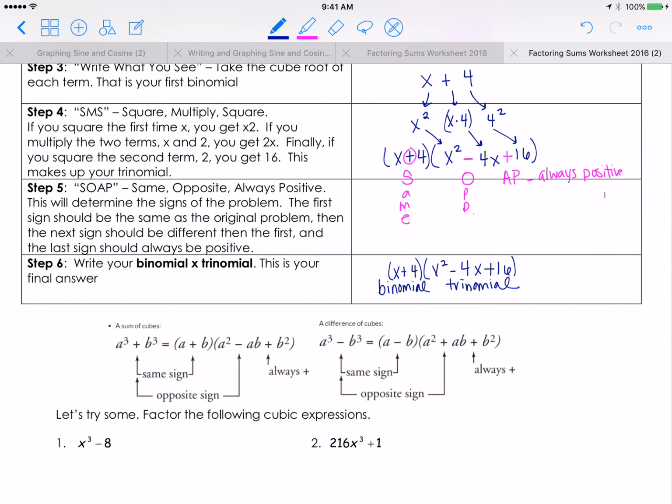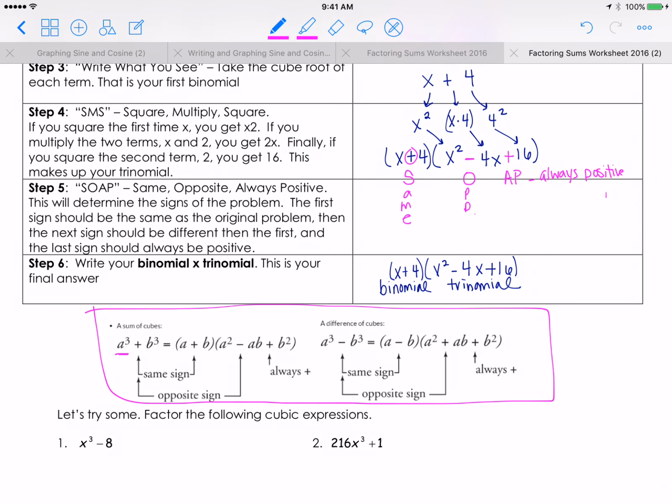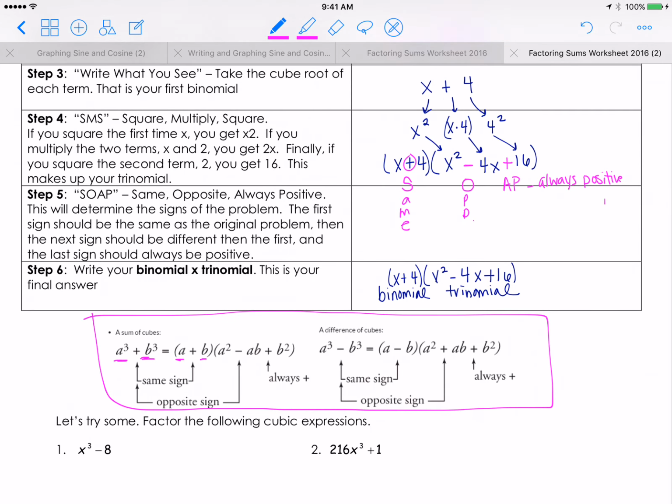Right down here, this section, let me change colors real quick. This section right here is just showing you the general formula, the general standard form. So notice that you take a to the third, and it becomes a in your first binomial, and then b cubed becomes b, and then you do SMS.